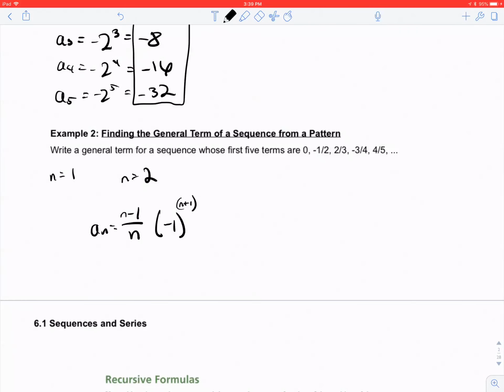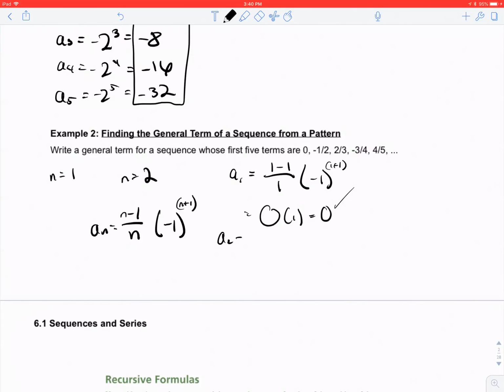Now let's test it out. If we say a1, that's going to be 1 minus 1 over 1 times negative 1 to the 1 plus 1. So that's going to be 0 times a positive 1, which is just 0. That checks out.